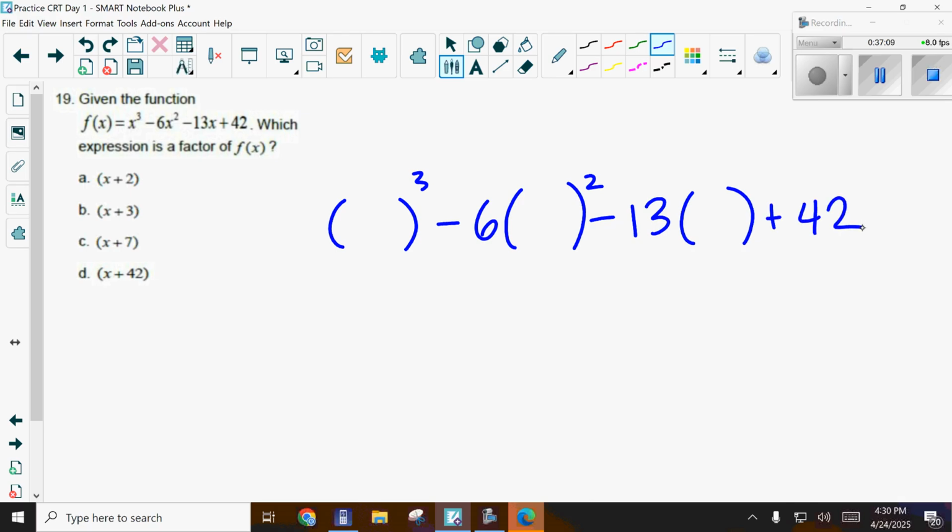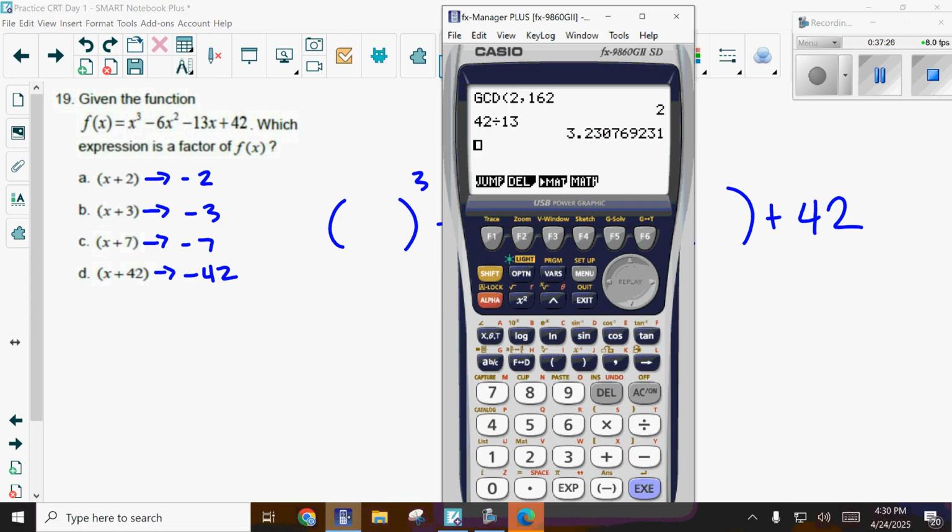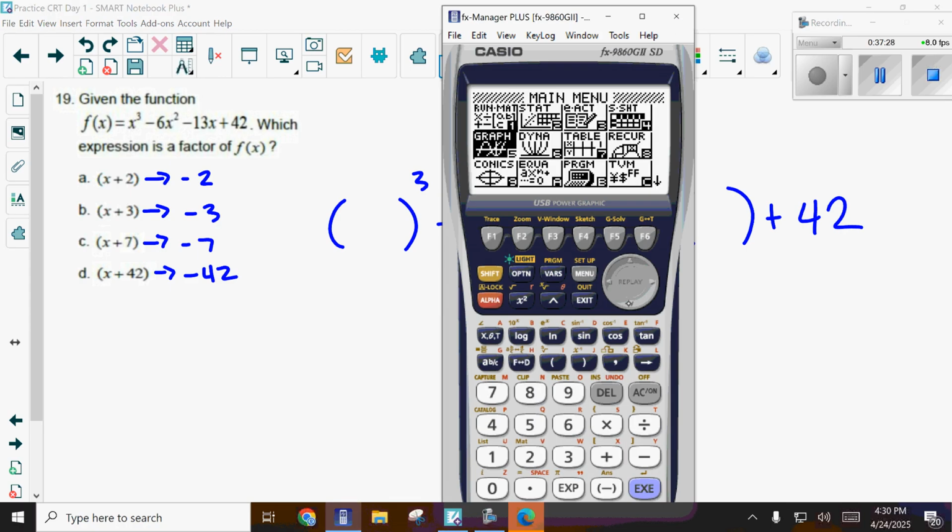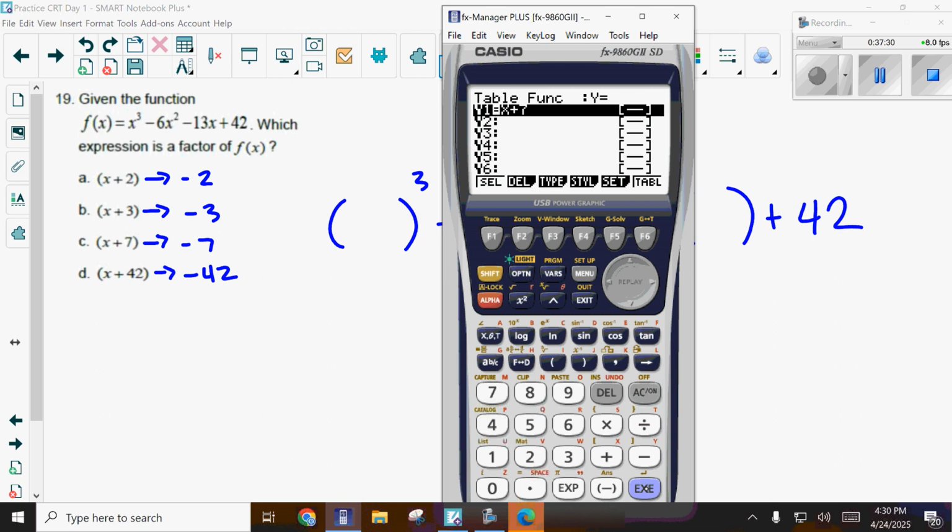So what we're going to have to do is plug in the solutions to these. So this one would be -2, this one would be -3, this one would be -7, and this one would be -42. Now I'm going to go ahead and do this in the calculator, but I'm going to do it in the table because the table gives me a lot of answers.